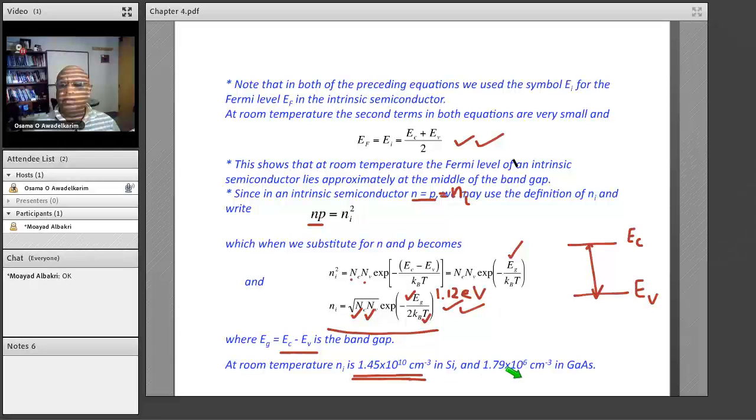In gallium arsenide, we find it equal to 1.79 times 10 to the 6 per cubic centimeter. So these are the free carrier concentrations, the concentration of free electrons and free holes in an intrinsic semiconductor.